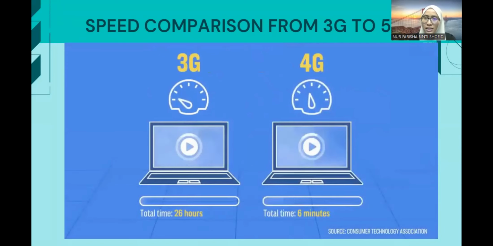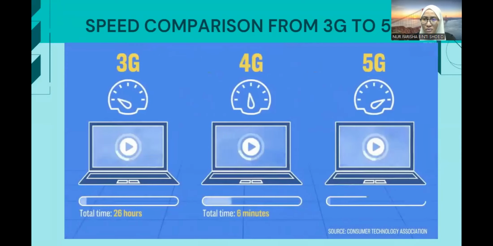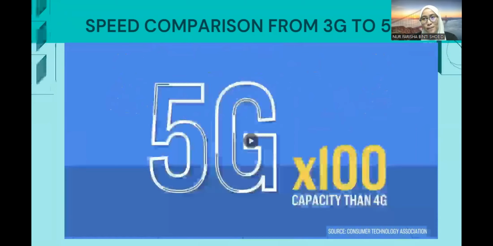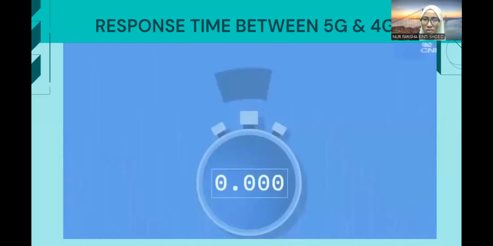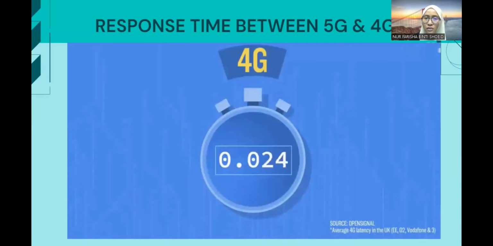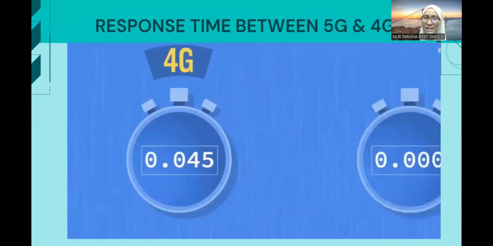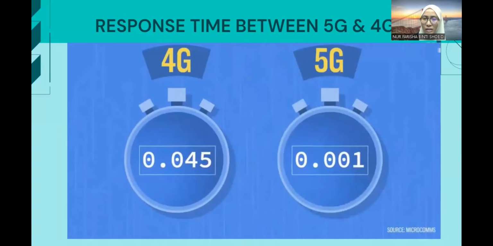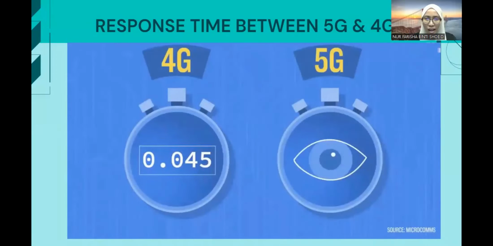With 4G, it can take up to 6 minutes only, and with 5G, you can get it in only around 3.6 seconds. But for the response times between 5G and 4G, for 4G it will be less than 50 milliseconds, while for 5G, you can get only 1 millisecond, which is in a blink of an eye.